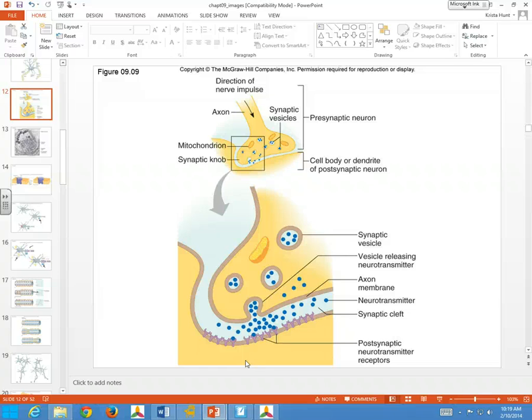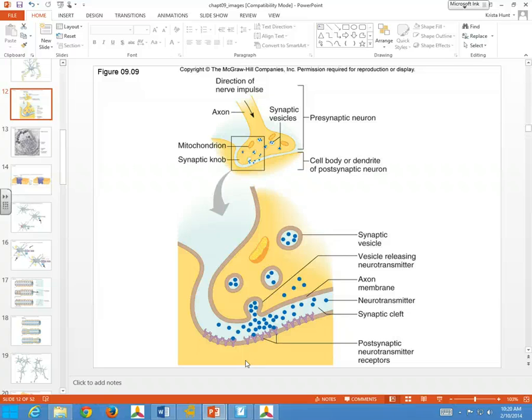Right, so the axon is coming, right, until it gets down here to the synapse, right? That signal, that impulse, causes the release of these, what? The neurotransmitters from these synaptic vesicles.